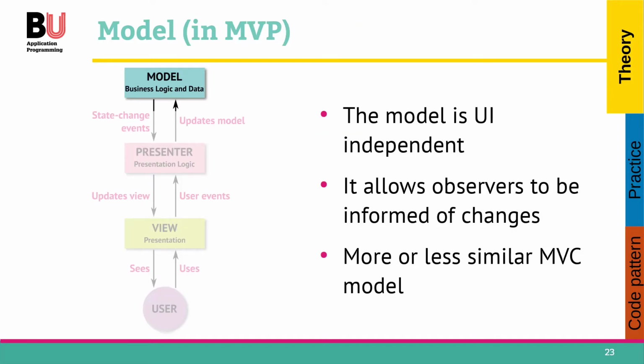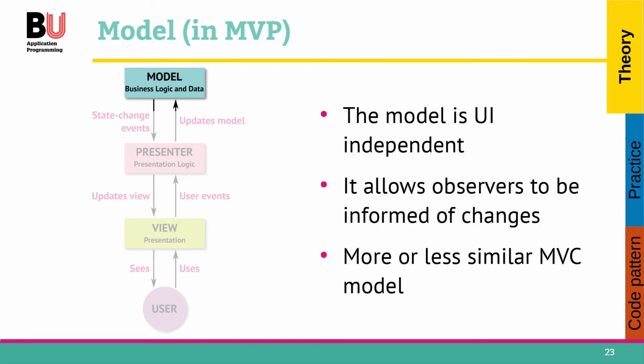The model, again like MVC, just contains the data and the logic of the application. One of the things that we need here is for the model to be observable. The model is not supposed to know about any code that displays it.